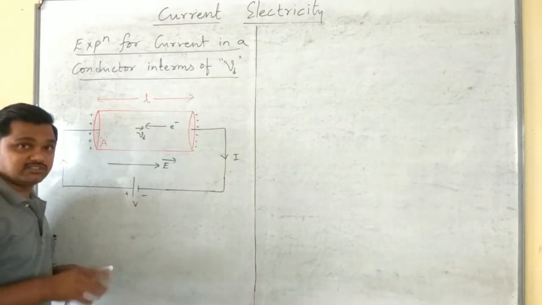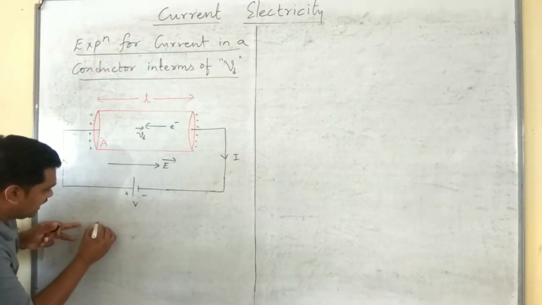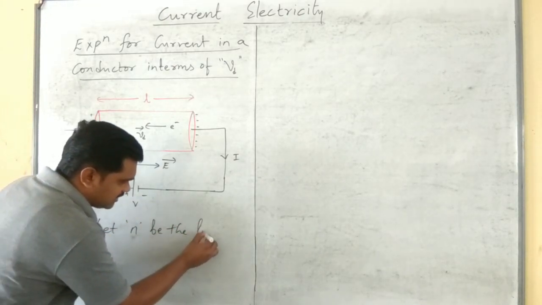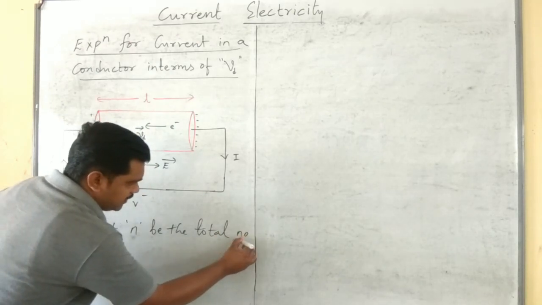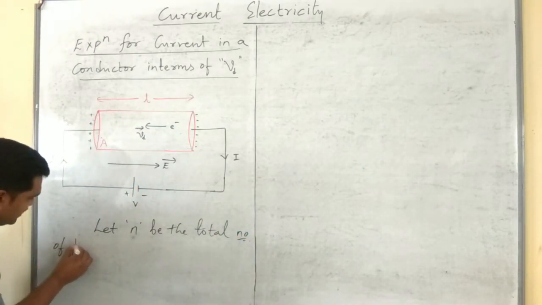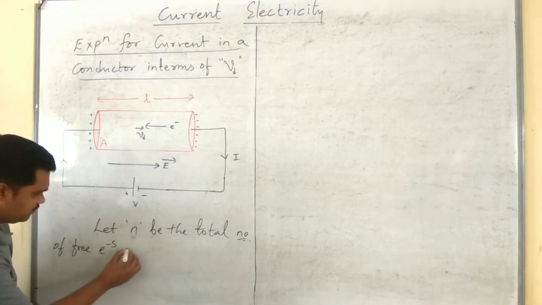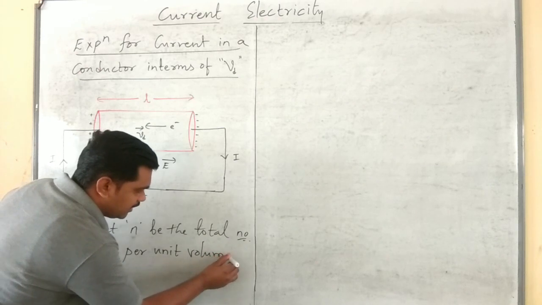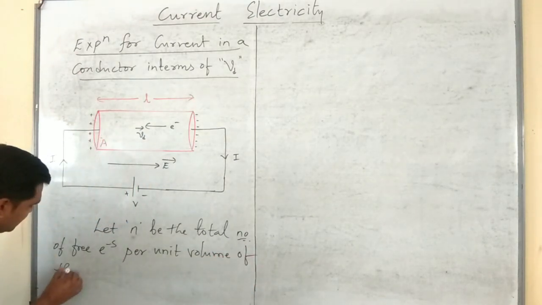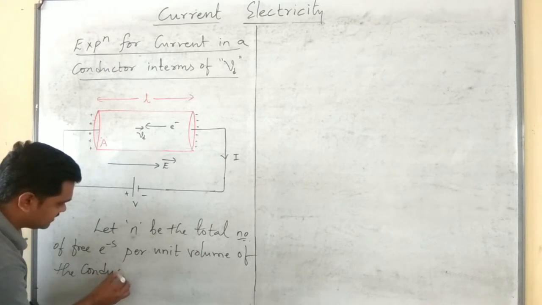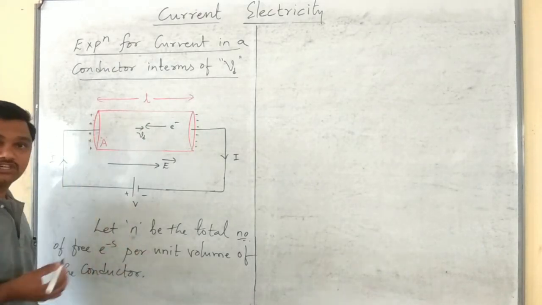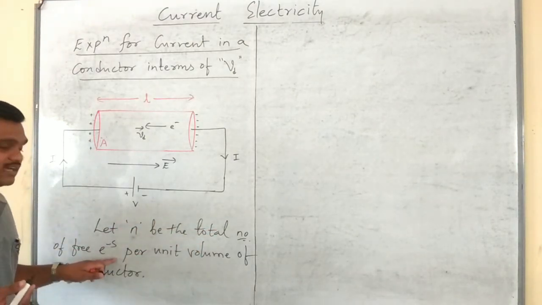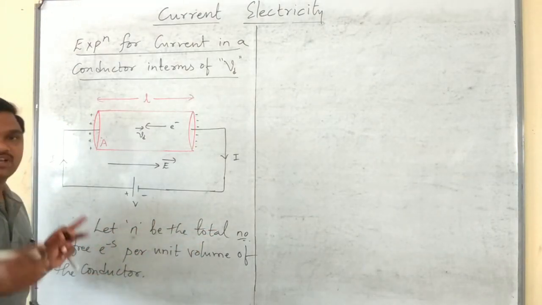Let small n be the total number of free electrons per unit volume of the conductor. This sentence you must and should write. Let small n be the total number of free electrons per unit volume of the conductor.